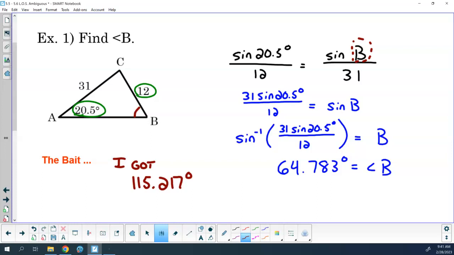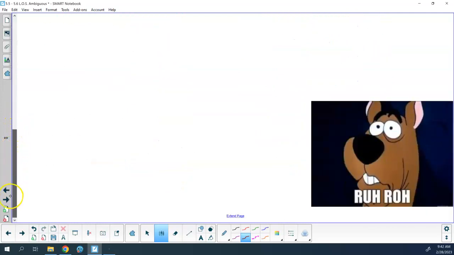Because of the rounding, it won't be exactly. Works, doesn't it? Ruh-roh. One might say, ruh-roh.